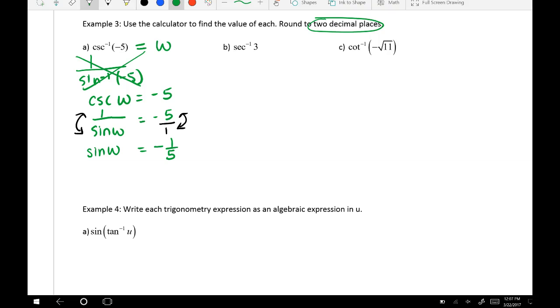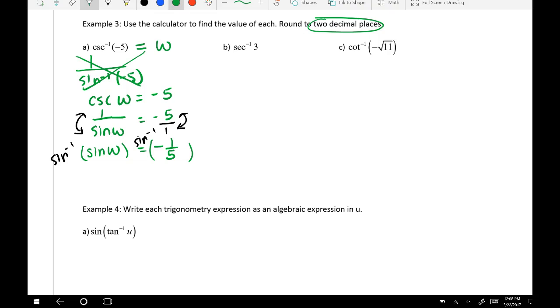And I want to find cosecant inverse, because that is still my goal. Can I compose both sides? Of course I can. All of these are equivalent, because I haven't really changed anything. So now I want to compose both sides by sine inverse.